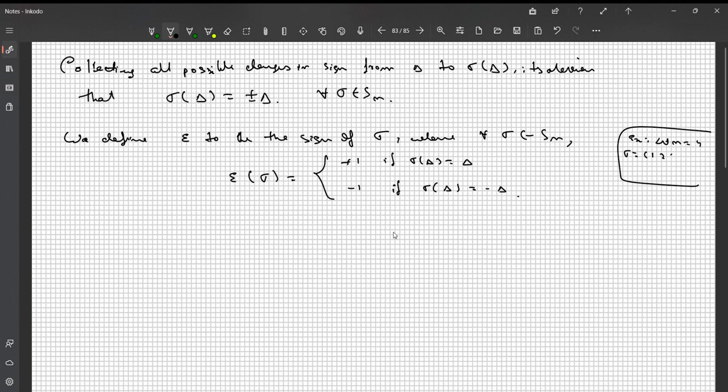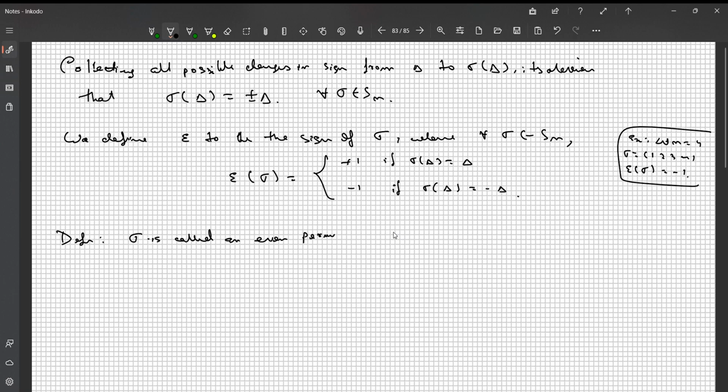Clear? So from the example, you can obviously find out. You can consider this as an exercise. Let n be equal to 4, sigma be equal to 1, 2, 3, 4. Then find out what is the value of epsilon of sigma. It's minus 1. You can obviously check it out. Clear? Got it?